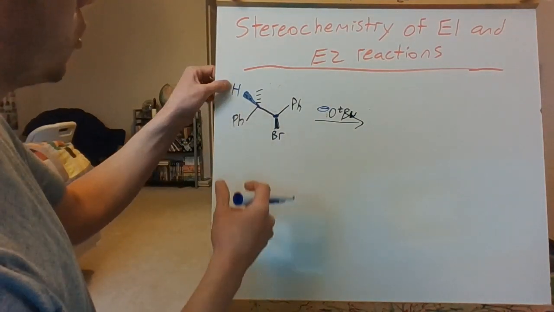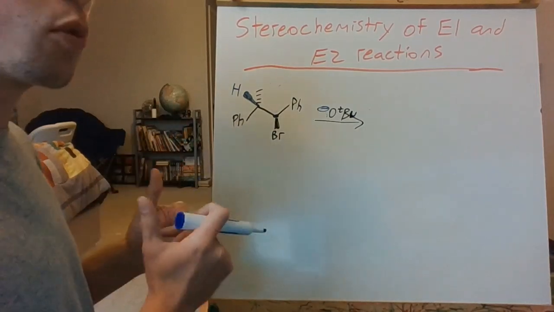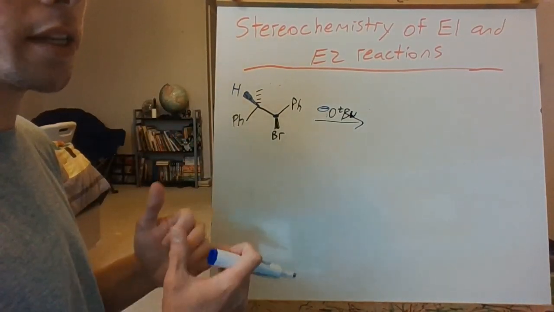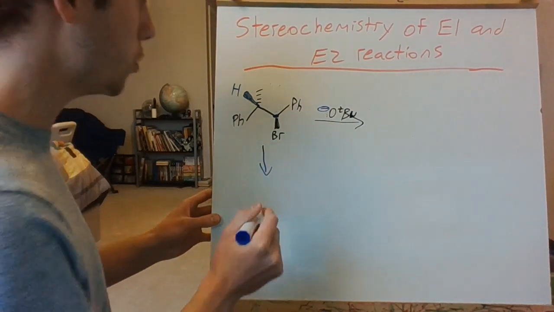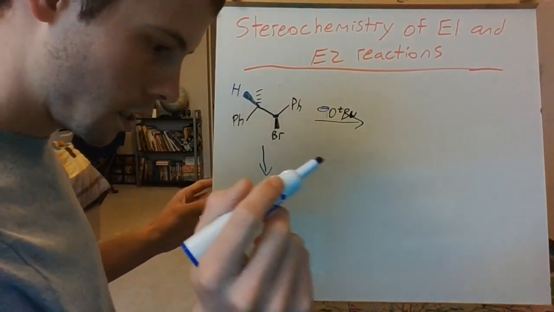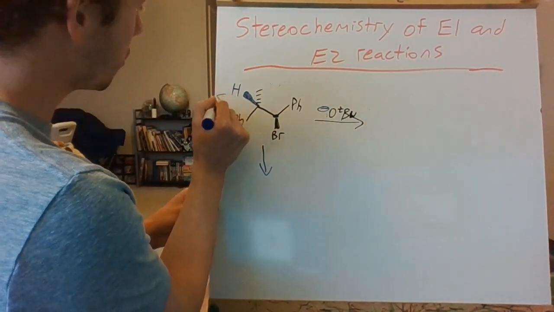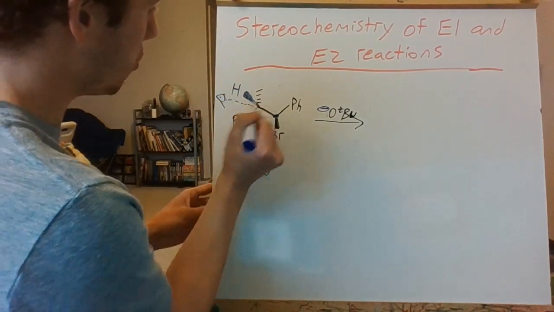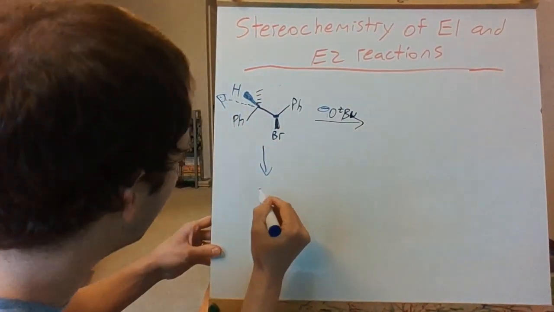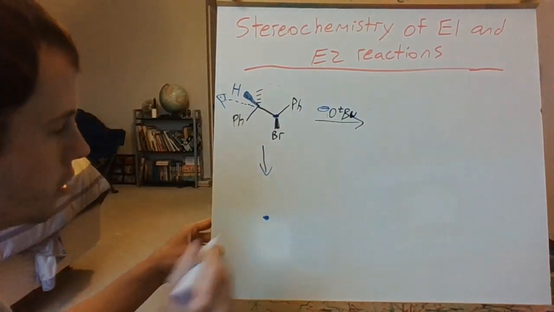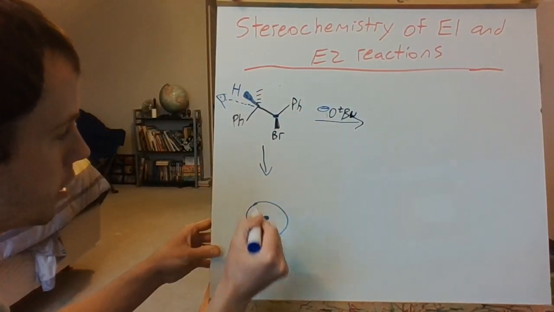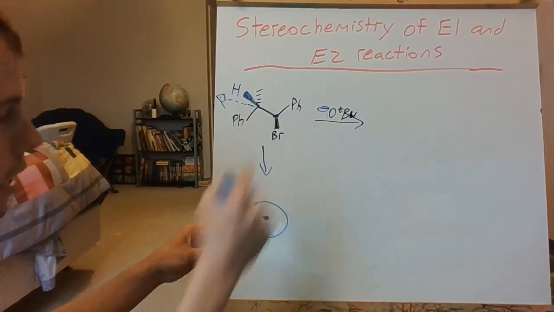We see that both the hydrogen and the bromine are pointing out towards us, so they're probably not anti to each other right now. But let's go ahead and draw the Newman projection looking down this bond right here. And so if we put our dot in the middle, that represents this carbon. We then put a circle around it. This represents the back carbon back here.